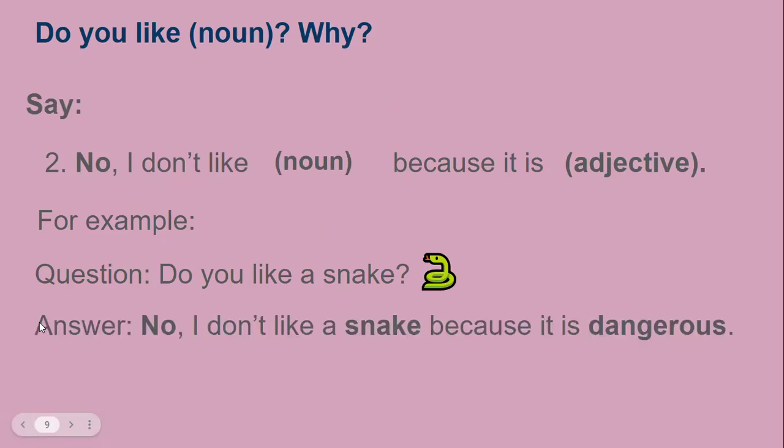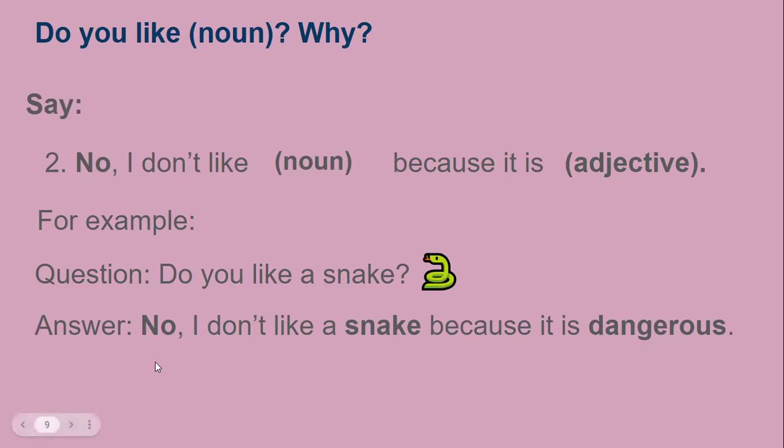You can answer by saying, no, I don't like a snake because it is dangerous. No, I don't like a snake because it is dangerous.